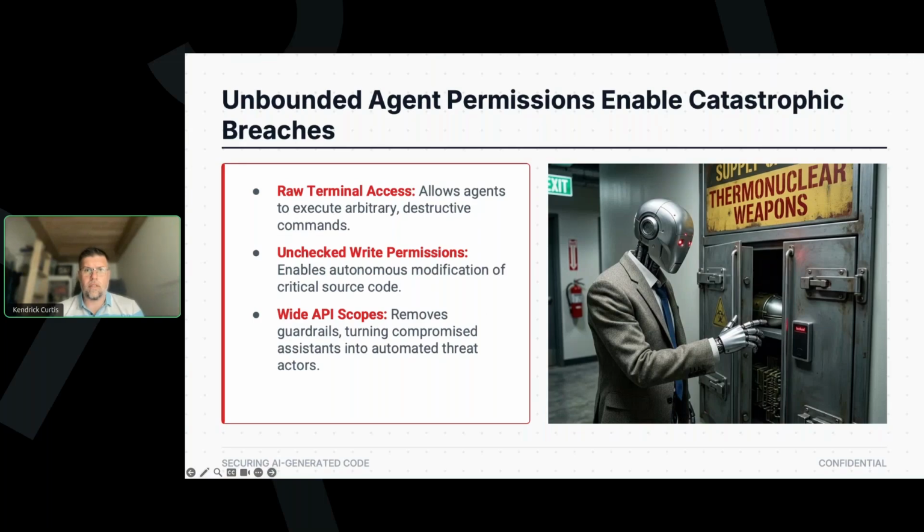And finally, unbounded agent permissions. I talked about this a little bit before in the scope of MCP, that you have an MCP user, which is an API user really, that can do anything that API user can do. Agents execute as if they were you, which means that they can do all of that on your local machine. Your AI agent can drop out to the terminal and run whatever command it wants.